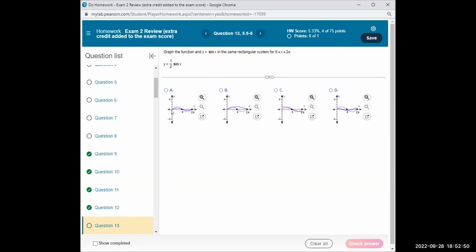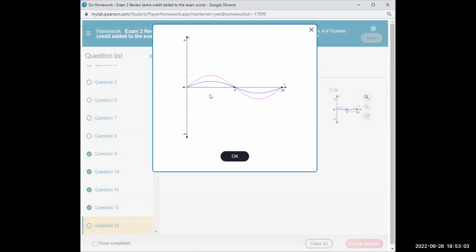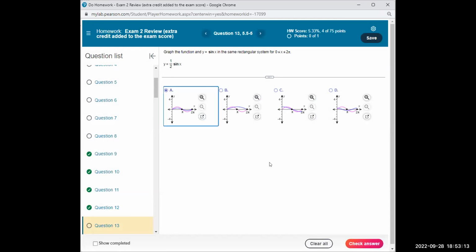You notice that the pink is the sine function, and then the blue is the same shape and period and everything. It's just half the height. Let me just pop that out. So here you can see it's the same wave. It's just that it's half the height of the sine function. So looks like A is the correct choice.